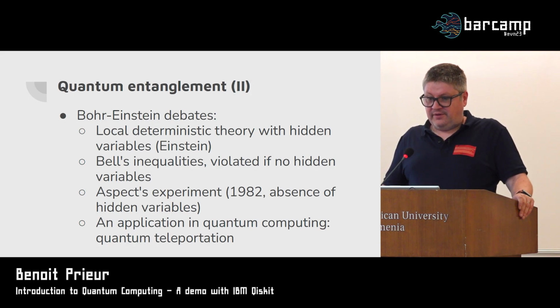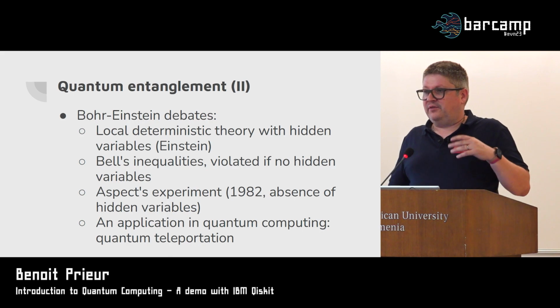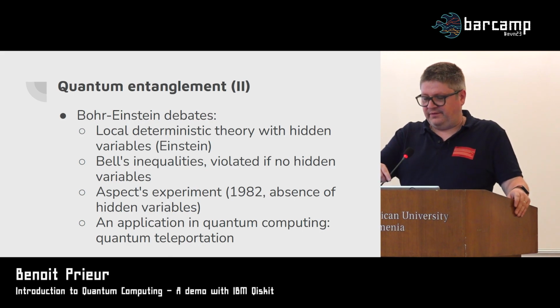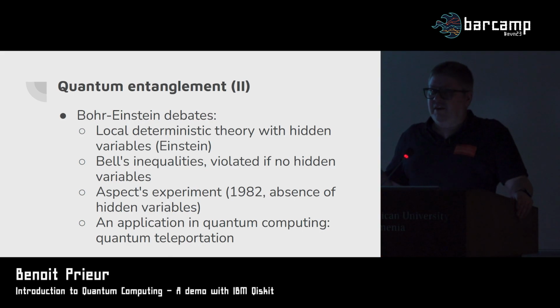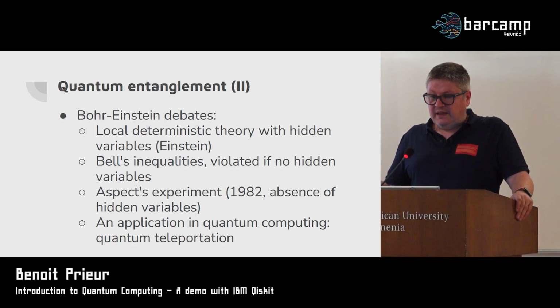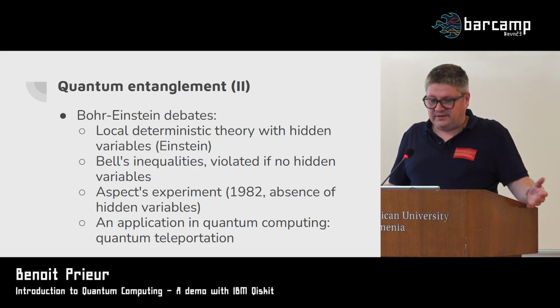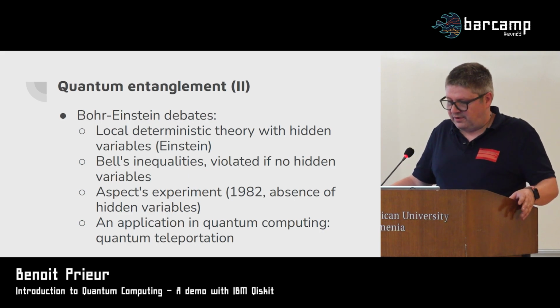And they proved that Bell inequalities were violated. So there are no hidden variables, and consequently, there is entanglement. It's the behavior of the quantum world.